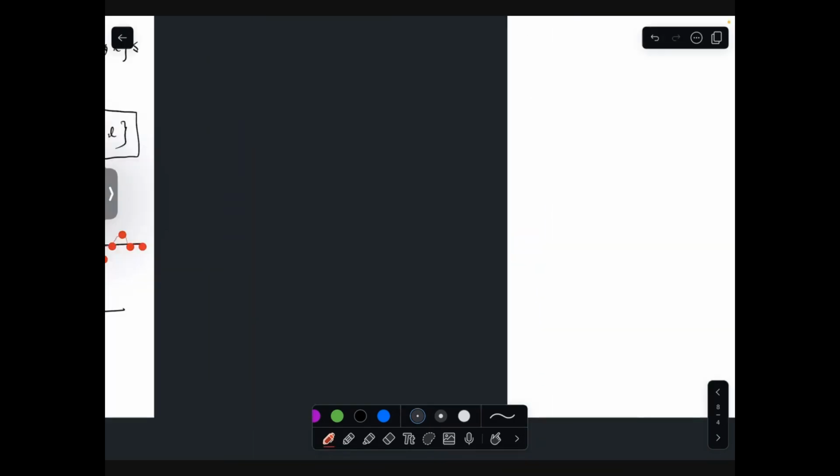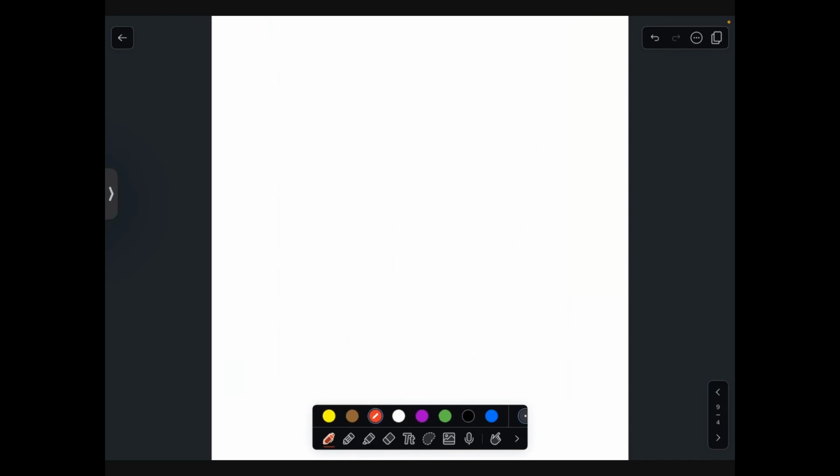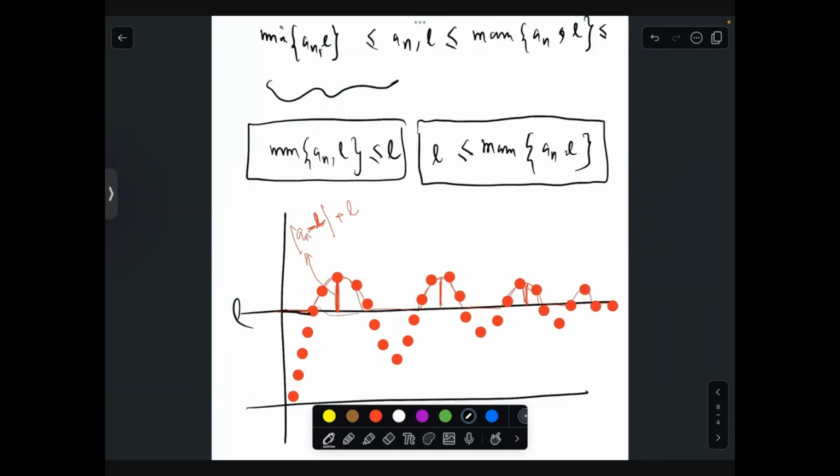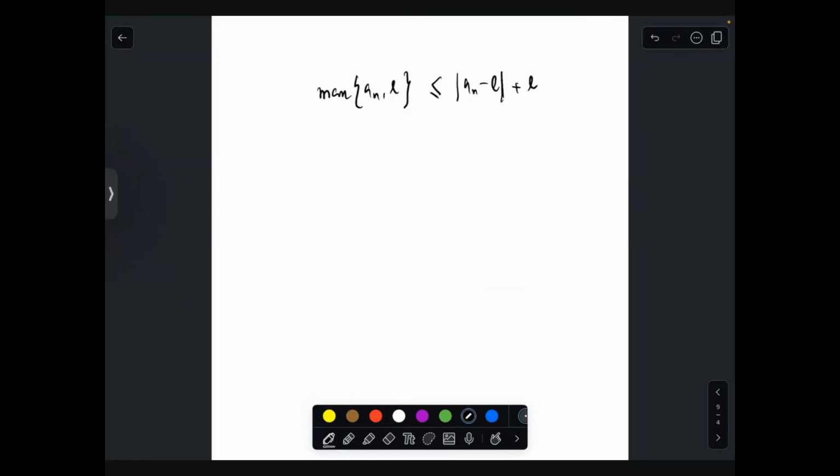What if you write it like this: max of An comma L is less than or equal to the length of the protrusion, how much it's going above, plus the actual limit. So actual limit plus how much is going above or down. So the question is, is this true?